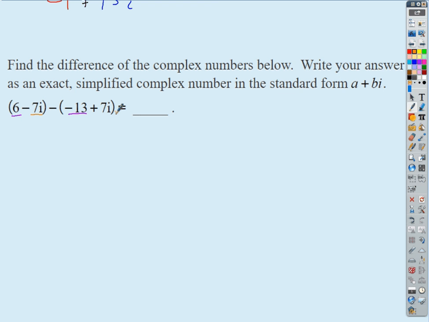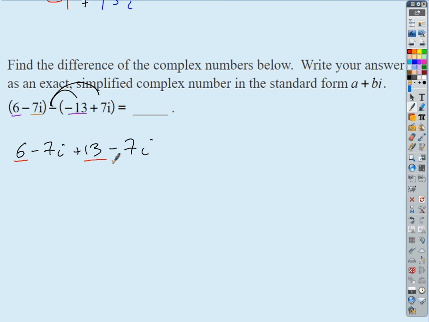So what should you probably do instead? Distribute the negative and add. That's it, right? That's all you want to do. So if I distribute the negative, I'm going to get 6 minus 7i. What do I get if I distribute the negative? Plus 13 minus 7i, right? And then all we have to do is just add up like terms.